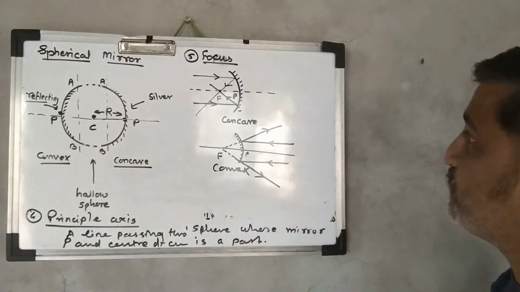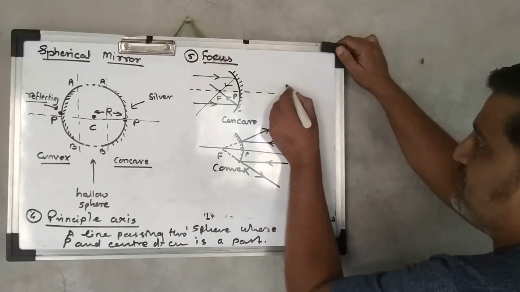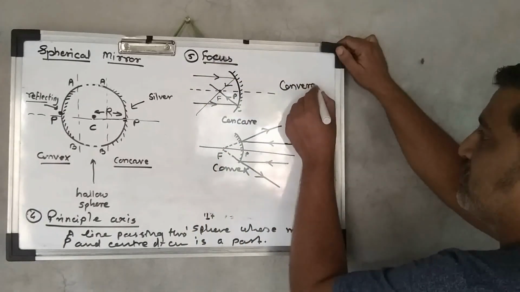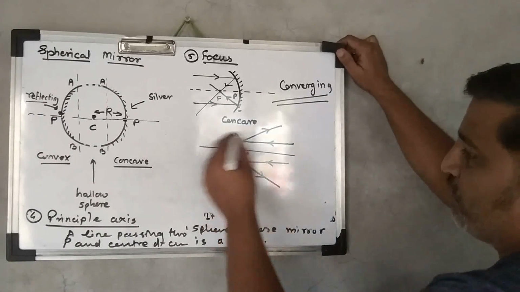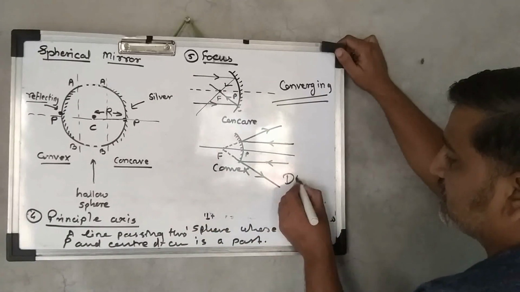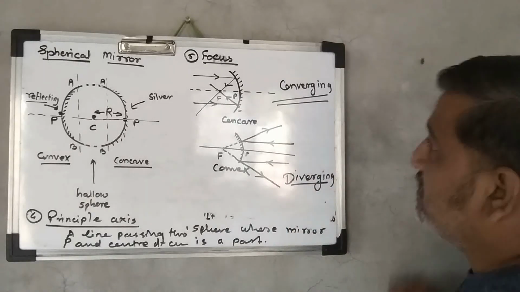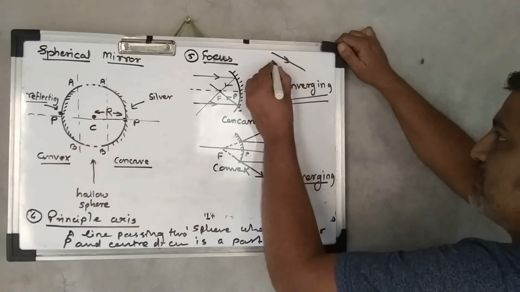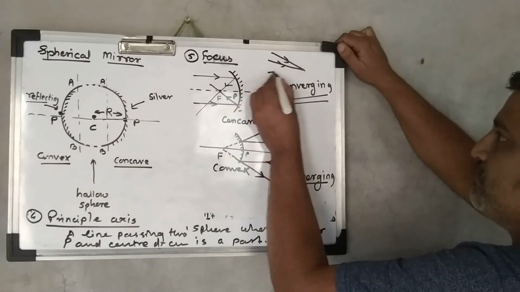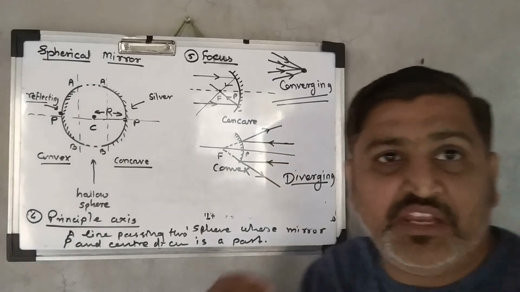So from this focus concept we conclude that the concave mirror acts as a converging mirror, while the convex mirror acts as a diverging mirror. Converging means all the rays which are falling meet in a single point.